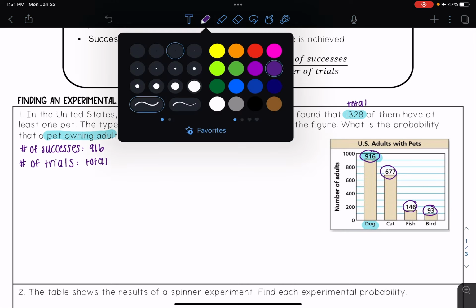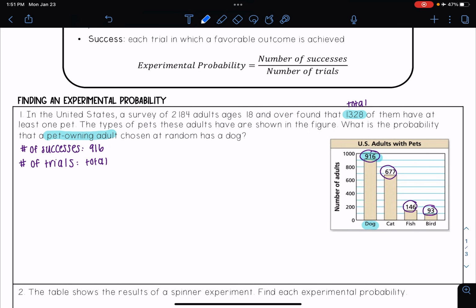So now I can use that to find my probability. So I have that the probability that a pet-owning adult has a dog is equal to the number of successes, 916, divided by the number of trials, which is 1,328.